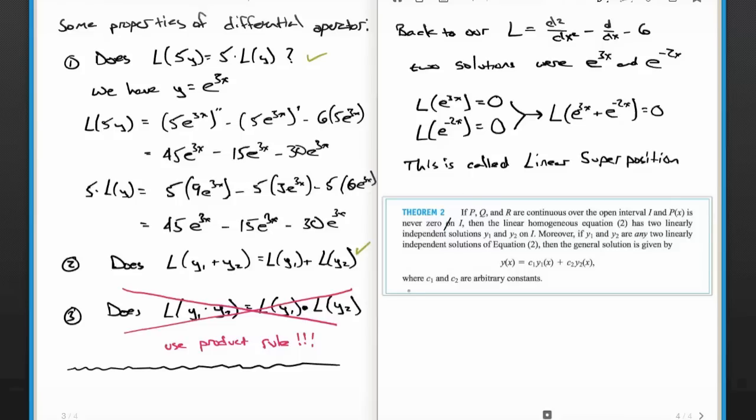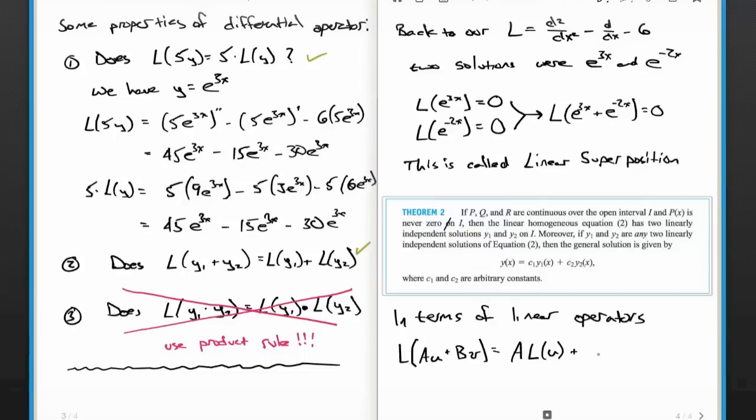So, in terms of linear operators, okay, L, our linear operator, operating on A times U plus B times V equals, I can factor out this constant A, L operating on U by itself, plus B times L operating on V by itself.